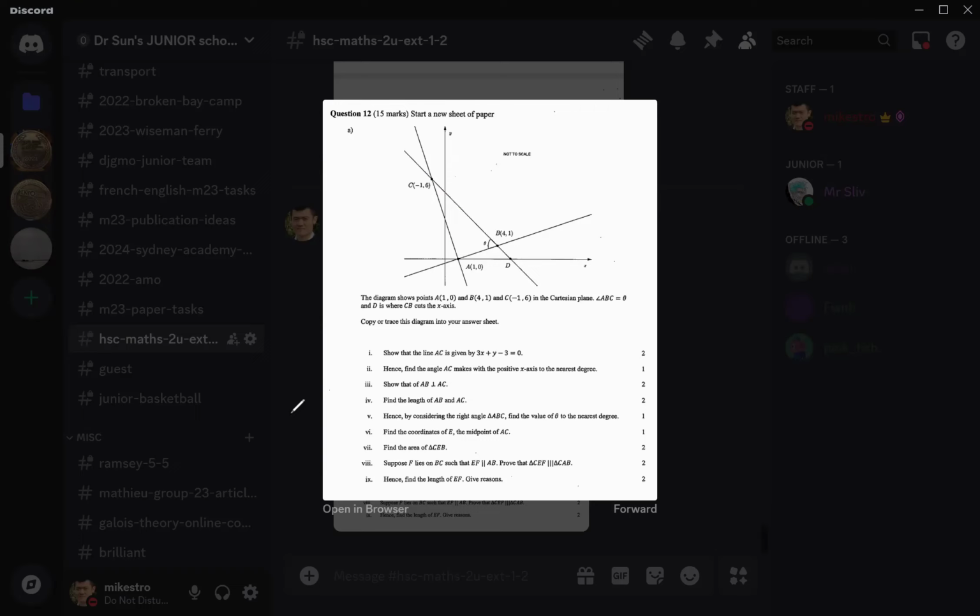Find the coordinates of, find the area. Yeah, so we just did those. Suppose F lies on BC such that EF is parallel to AB. So F lies there.